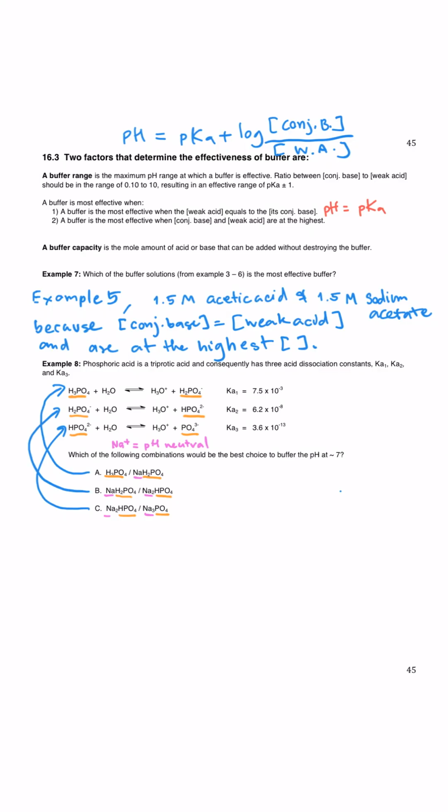Therefore, in order to choose which one it is, we will need to look at the pKa for each of these dissociations. When we take the negative log of the Ka value, we get pKa, and the choice that is close to pH 7 would be the second ionization, or the second dissociation. Therefore, the best combination of the buffer would be B.